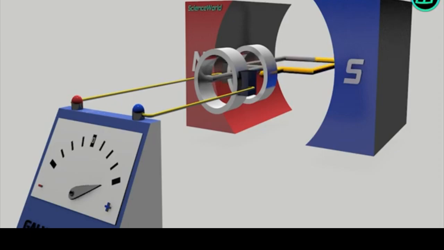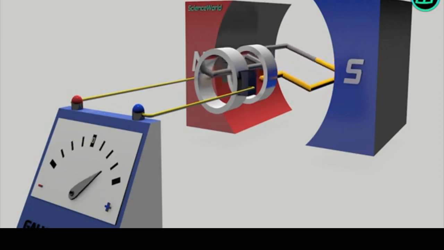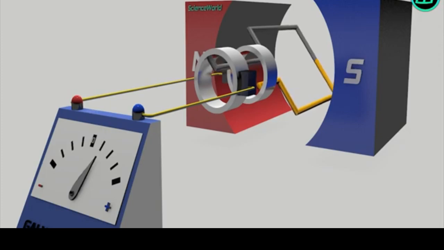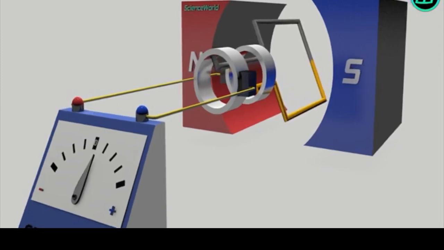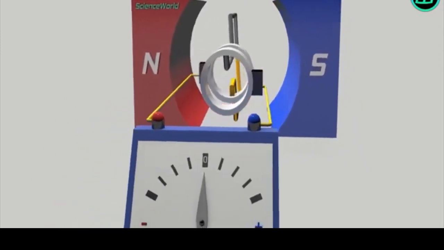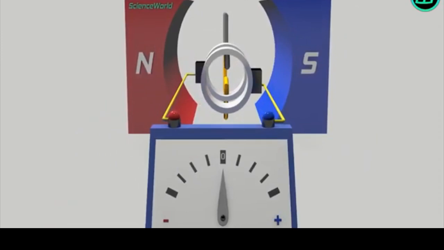As the armature continues to rotate, the change of the magnetic flux gradually decreases, and consequently the current decreases as well. When the yellow armature part reaches the bottom, the armature is parallel to the magnets, and because the change of magnetic flux is 0 at this point, the current is 0 as well.